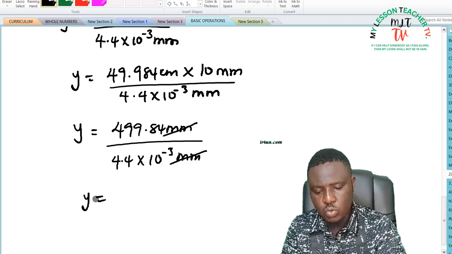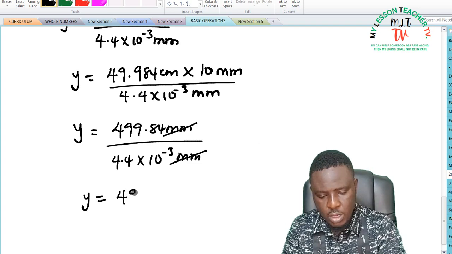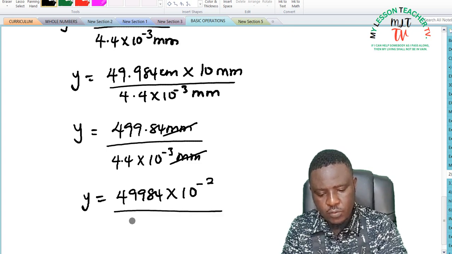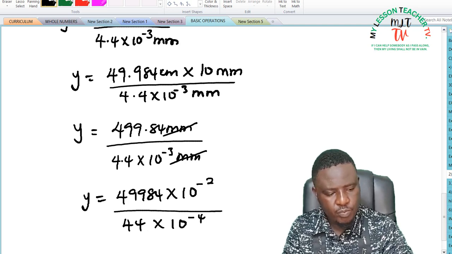Y is equal to 49984 times 10 raised to the power of minus 2 divided by 44 times 10 raised to the power of minus 4.